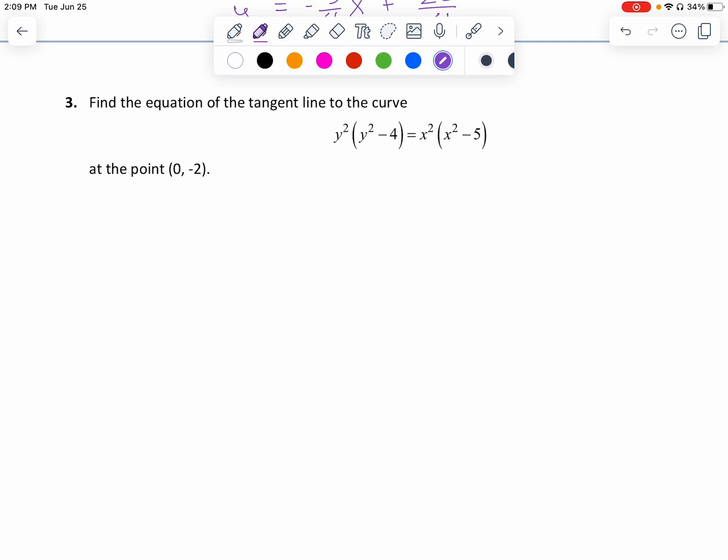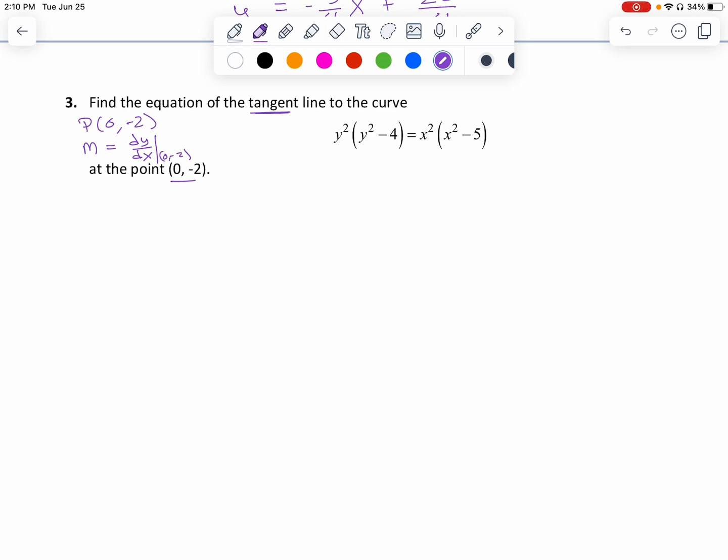So to get the tangent, what we really need is a point, which they've given us. How nice of them. So we have the point (0, -2). And now we just need the slope. And the slope is going to be equal to the derivative of y with respect to x, defined at (0, -2). So that's what I'm looking for right now.